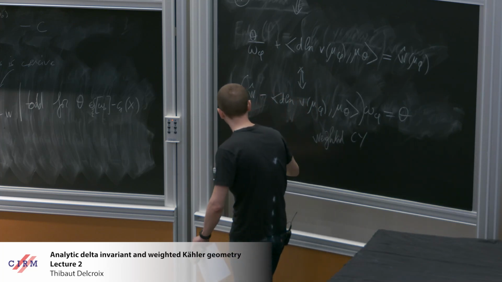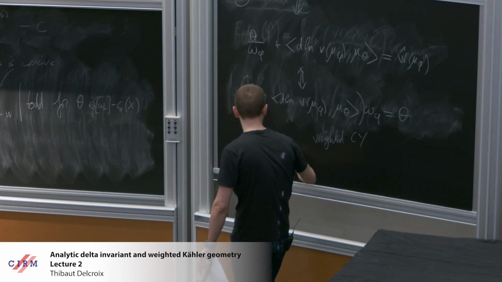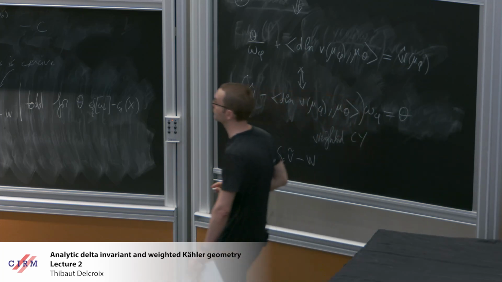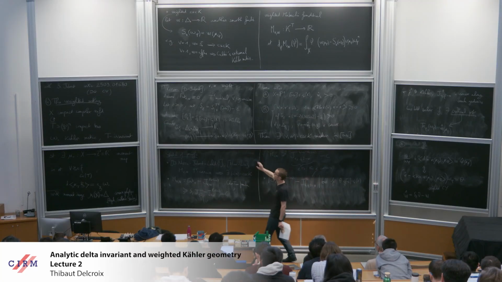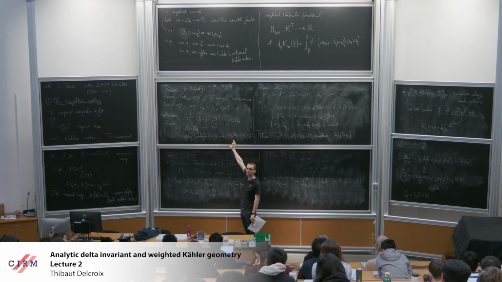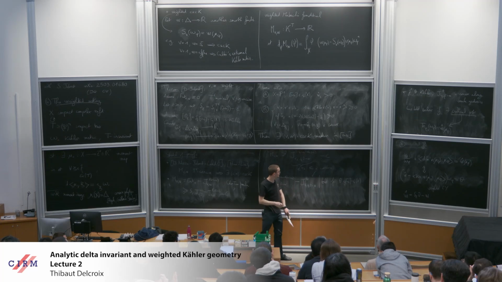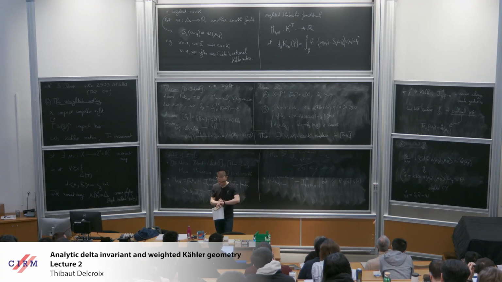And W hat is delta epsilon V tilde minus W. So what appears here is exactly this function evaluated at mu phi, mu theta. So that's where this assumption comes from.